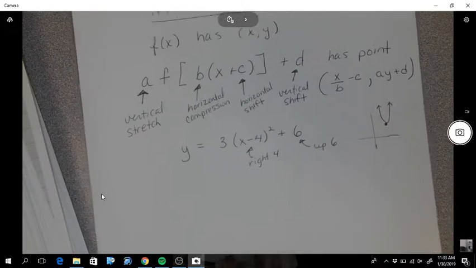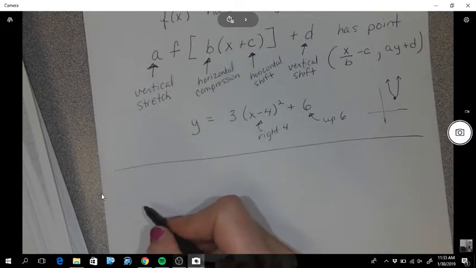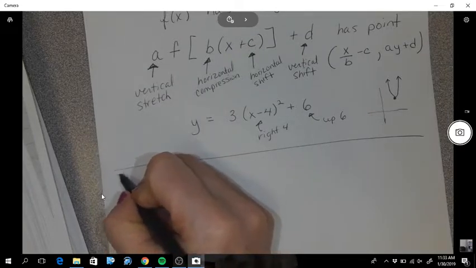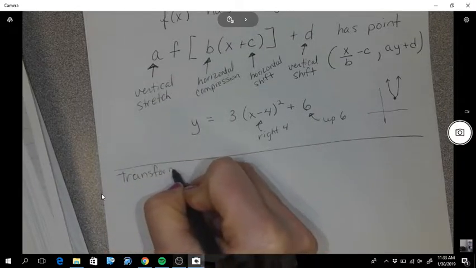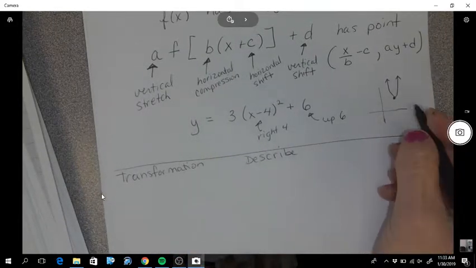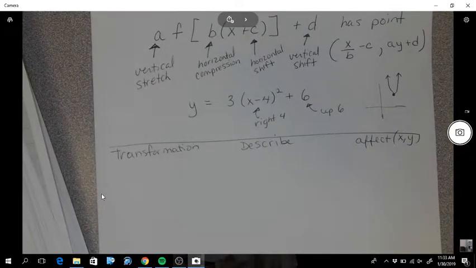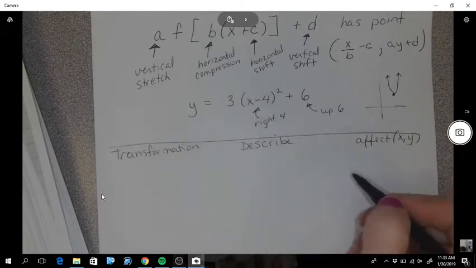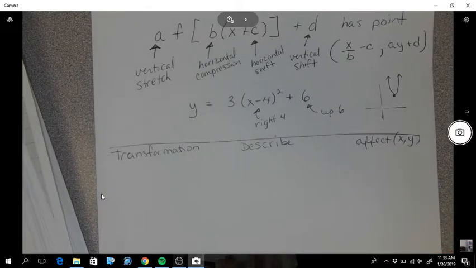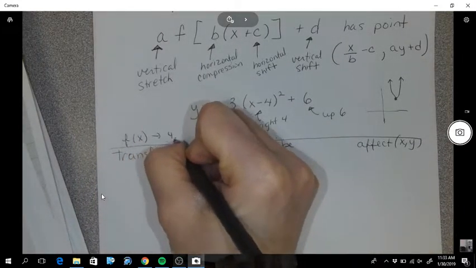Okay, so let's make a chart here. Transformation. We'll describe it and how it would affect the point. Okay, let's use f of x, and let's say that f of x has the point 4, 5.